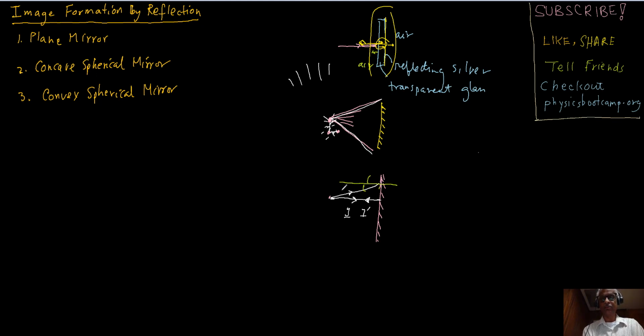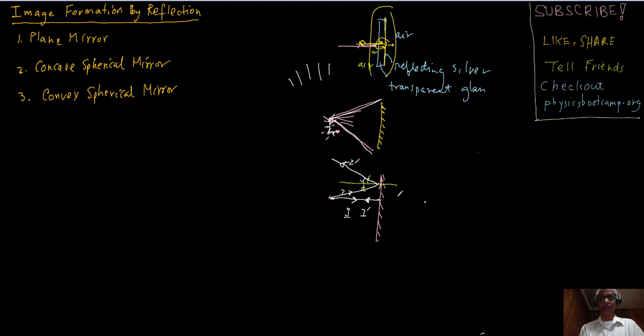So this is ray 2. Since the image is going to form over here, I'm going to draw it so that this angle is the same as this angle. And so this will be 2 prime. Now 1 prime and 2 prime are not going to meet because they're diverging away from each other.